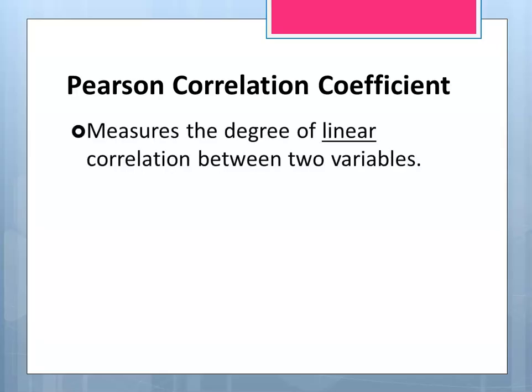This type of correlation measures the degree of a linear correlation between two variables. So, if we go back to the title here, Pearson is referring to linear, correlation is referring to relationship, and coefficient is referring to a single number. In other words, we're calculating the number value of a linear correlation.